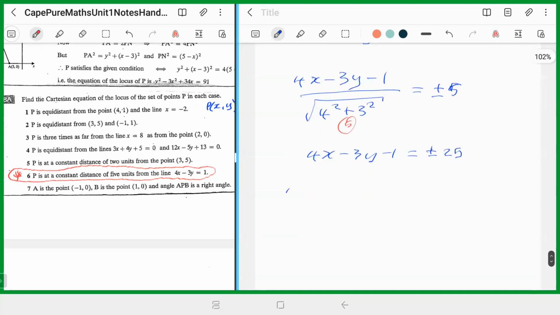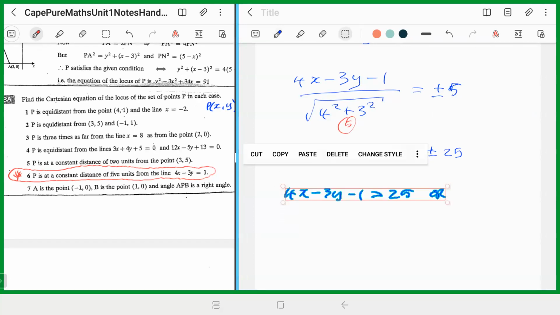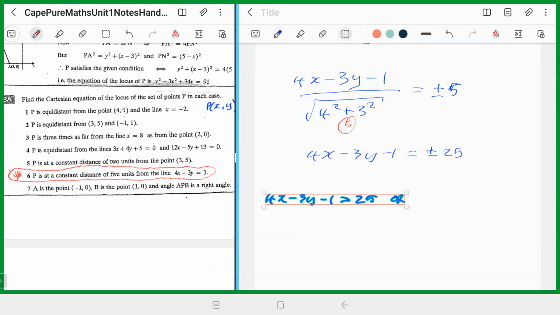All right, so with the plus, 4x minus 3y minus 1 equals 25. Or I'm going to get 4x minus 3y minus 1 equals negative 25. 2 lines.